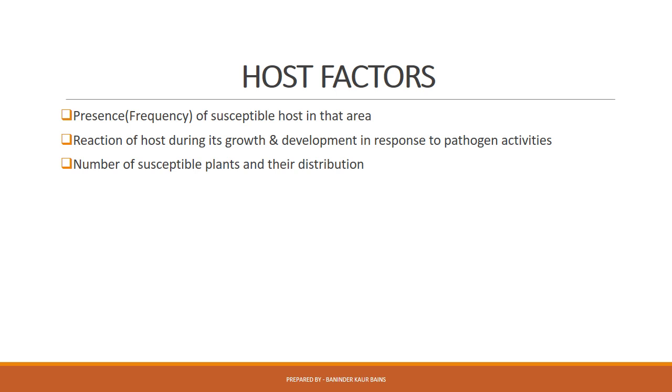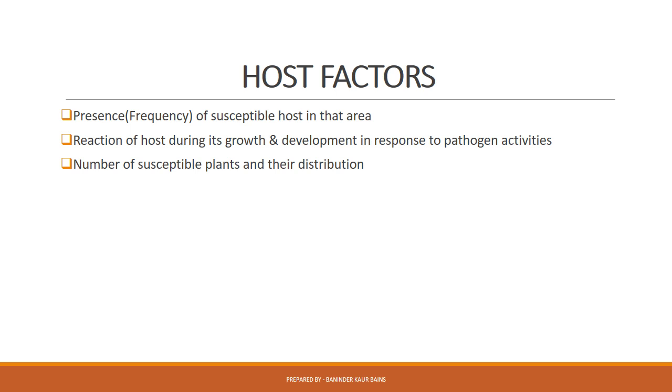Firstly, host factors. There are a number of host factors which affect disease forecast, but three are listed here. The first one is the presence and frequency of the susceptible host in that area, meaning whether that crop is cultivated again and again every year, what type of cropping system is followed there, monocropping or diversified crops.